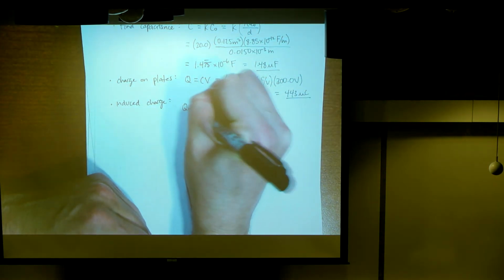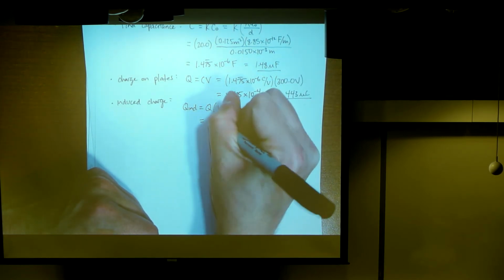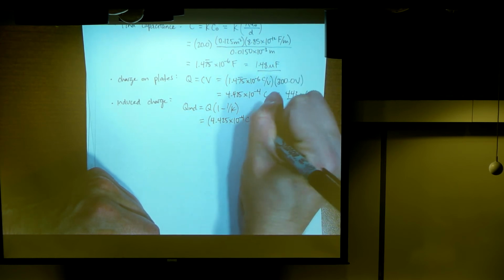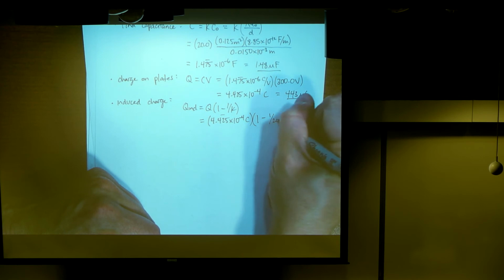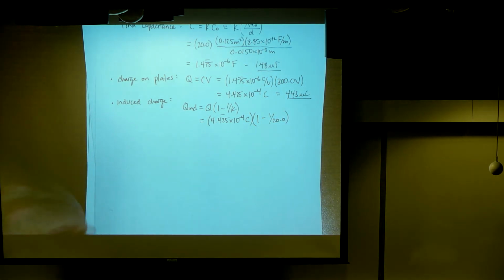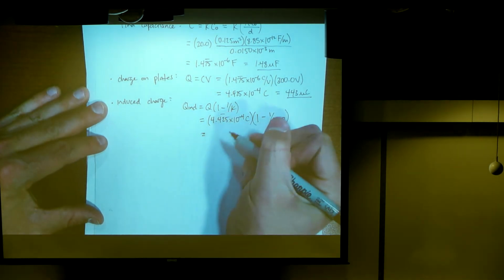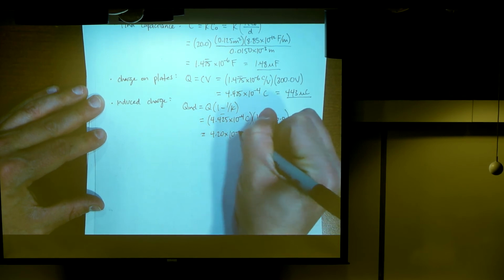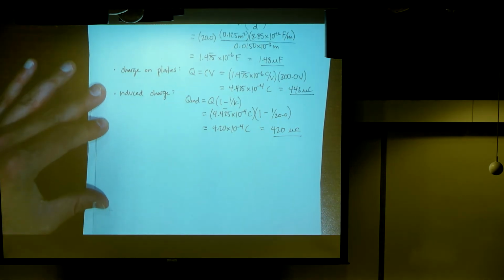Q induced equals Q times 1 minus 1 over K. So that's going to be 4.425 times 10 to the minus 4 coulombs, that's Q, times 1 minus 1 over 20, which is K. What does that come out to? 4.20 times 10 to the minus 4 coulombs, 420 microcoulombs. Okay?